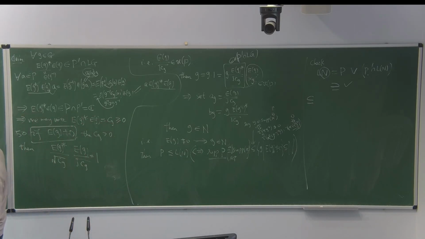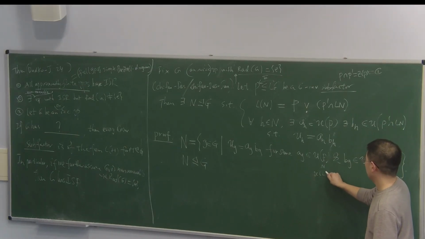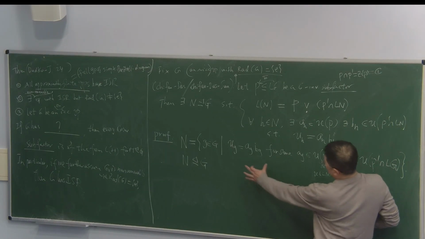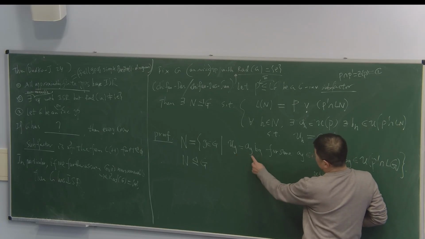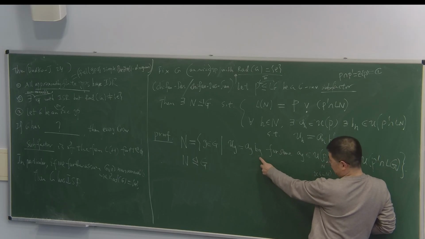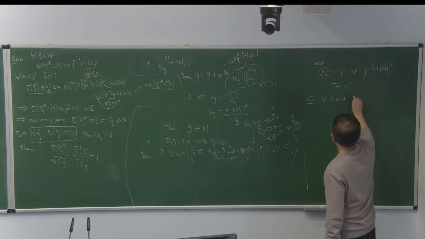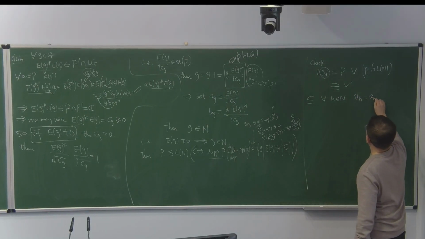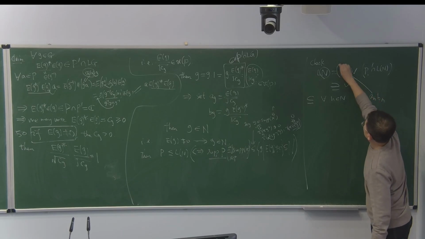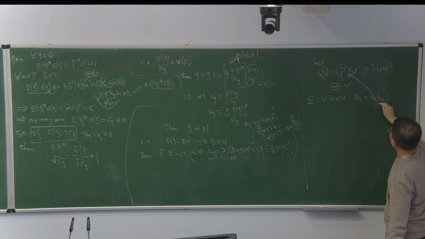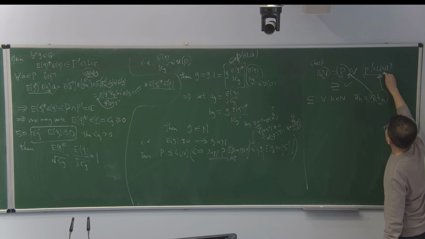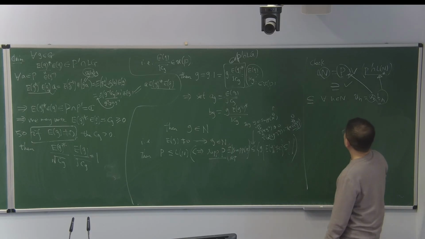But we already showed P lies in N, so this lies in the unitary group of L N. So in particular, you can start from here to see that this lies in N, this lies in N, so B_G actually lies in L N. So here, B_G will actually lie in the relative commutant of P in L N. So you see that for any H in N, U_H is A_H B_H, with this lying in the unitary group of P, and this part lying in the unitary group of this relative commutant in L N. So you see they are equal.